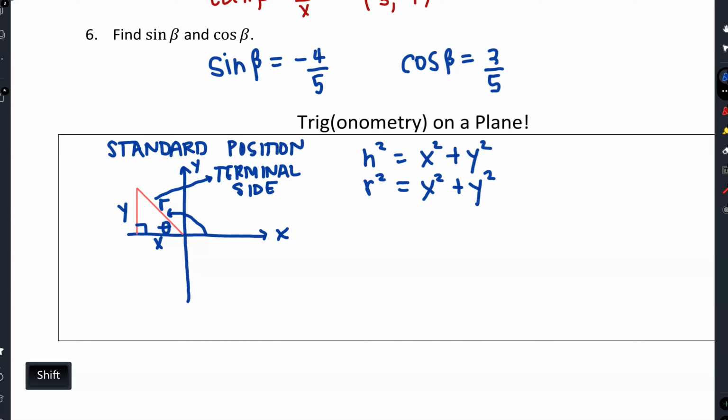All right, so sine of theta is still going to be your opposite over your hypotenuse. So in our terms, it will be y over your r. Cosine of theta is going to be your adjacent over your hypotenuse, and then tangent will be your opposite over adjacent.